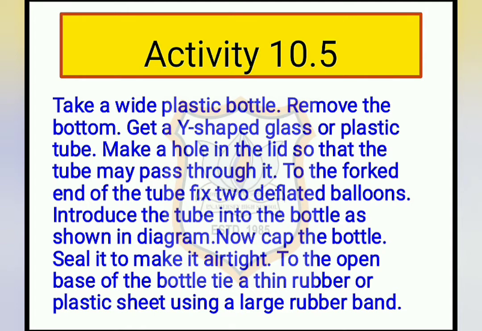To the forked end of the tube, fix two deflated balloons. Introduce the tube into the bottle as shown in the diagram. Now cap the bottle. Seal it to make it airtight. To the open base of the bottle, tie a thin rubber or plastic sheet using a large rubber band.